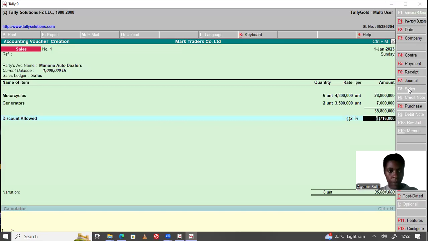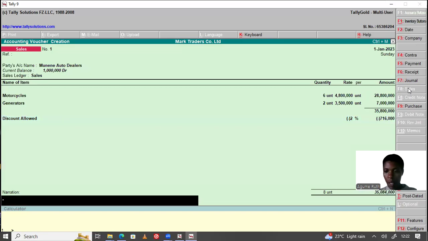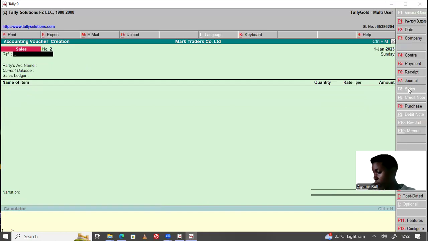Then I accept and put the narration as sales on 2% discount. I accept the transaction. Then the next says cleared Masaka Traders debt by cash.